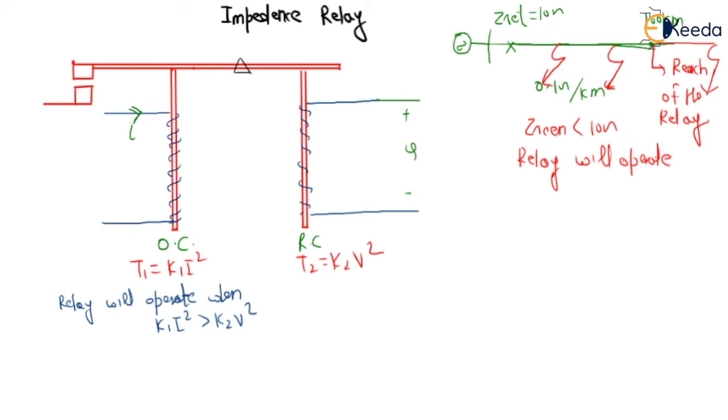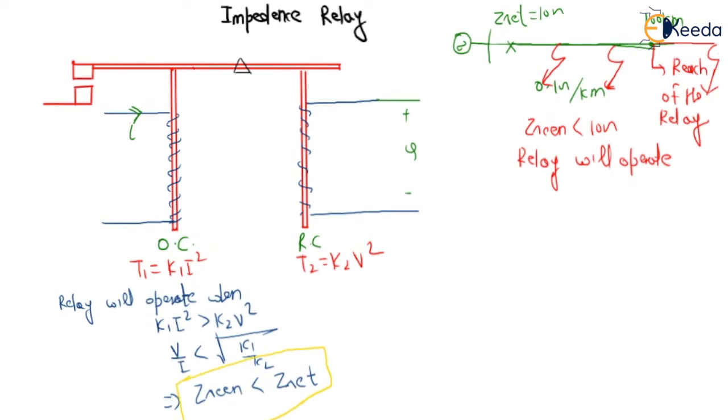So we can say V by I must be less than under root K1 upon K2, which means Z seen must be less than Z set. So here the criterion is applied on the basis of impedance. That is why this relay is called an impedance relay.